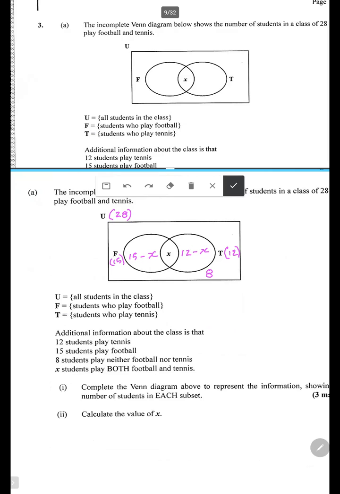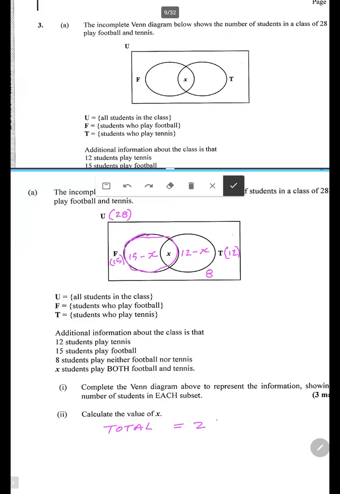To calculate X, we use the information that the total in the Venn diagram is 28. So all the values in the Venn diagram must add up to 28. This set F is already 15, all of it, so I'm going to use that as one set.